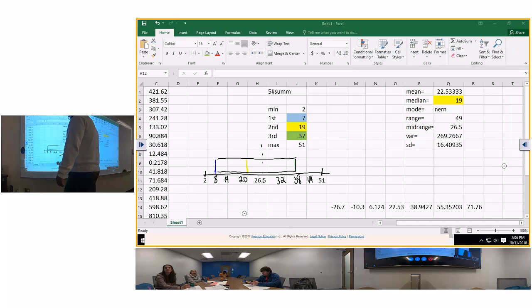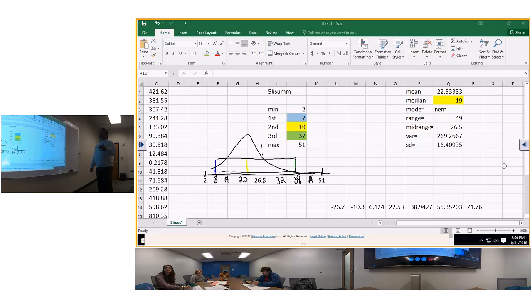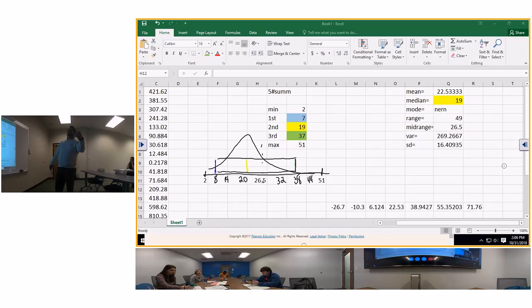Why do we have just a little bit of a hump right there? Because most of your prime numbers are on the bottom end. Because we have 2 and 3 and 5 and 7. And then what happens as they get bigger? They start to spread out.